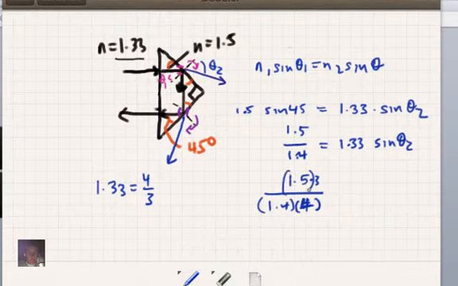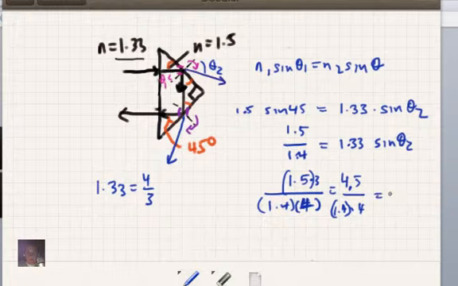So 1.5 times 3 is equal to 4.5 divided by 4 times 1.4 equals sine of theta 2. So now I'm just in a mode of approximating. 4.5 divided by 4 is approximately 1.13.